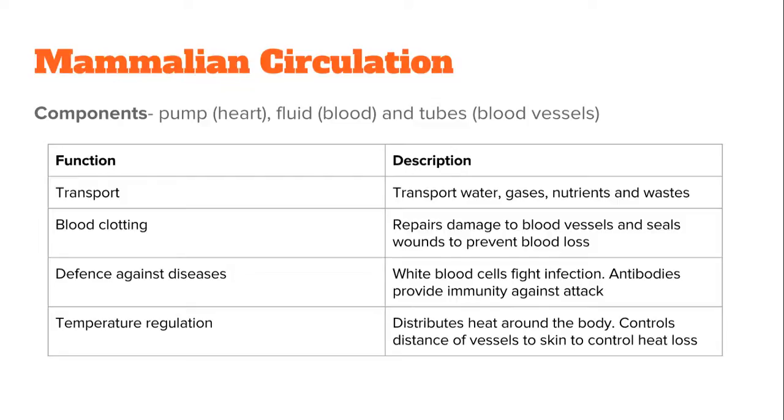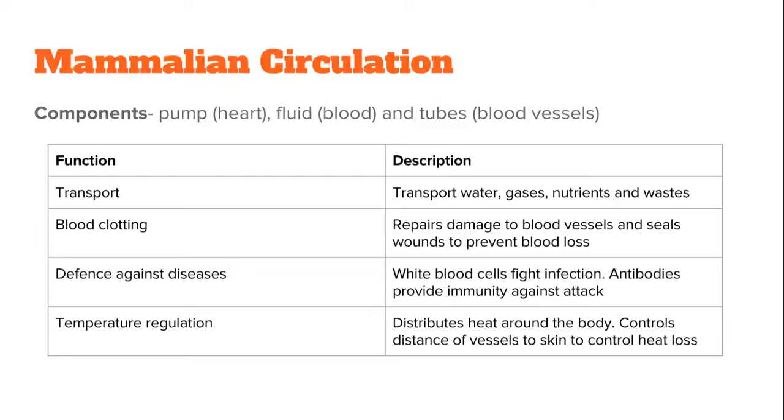The purpose of our circulatory system is to complete these 4 functions. One of which is transport, and that is to make sure we're transporting water, gases, nutrients, and waste around our body. Another function is to clot our blood, and that's really helpful when we're trying to repair damage, especially to our blood vessels, and it makes sure that we seal off any wounds to prevent any further blood loss.